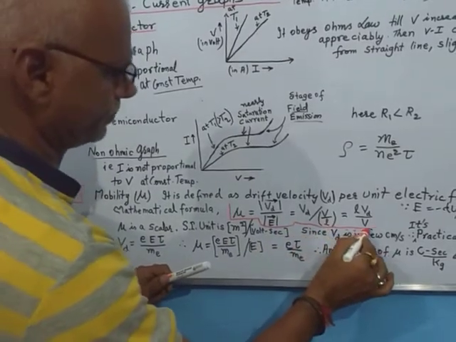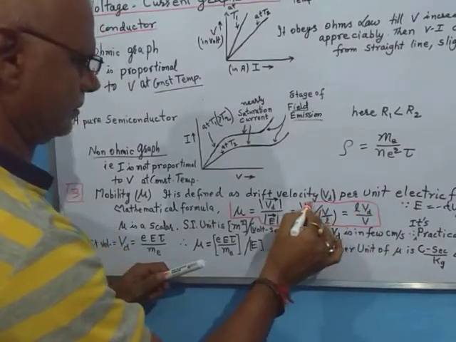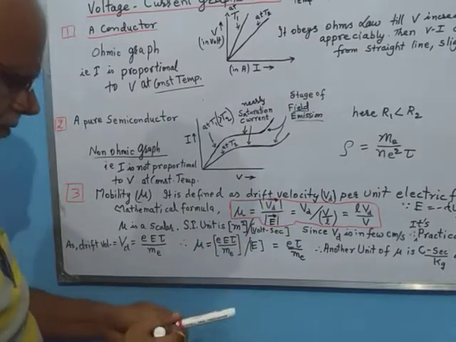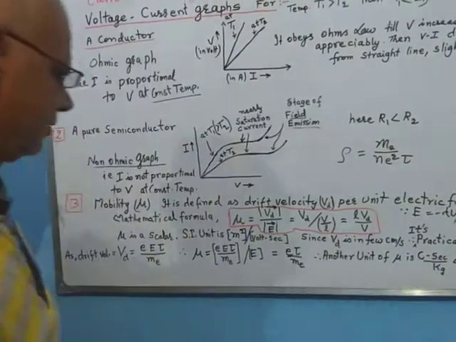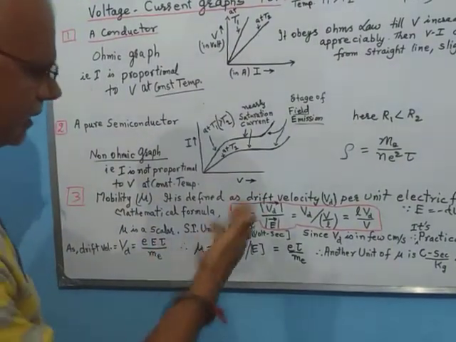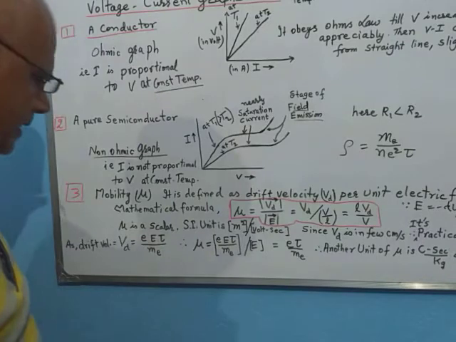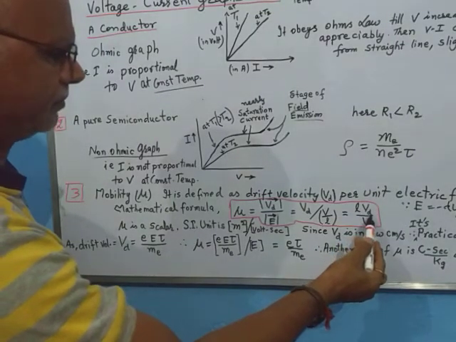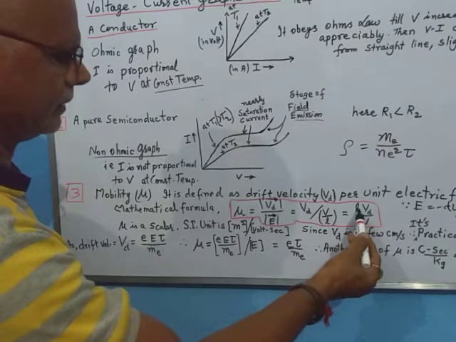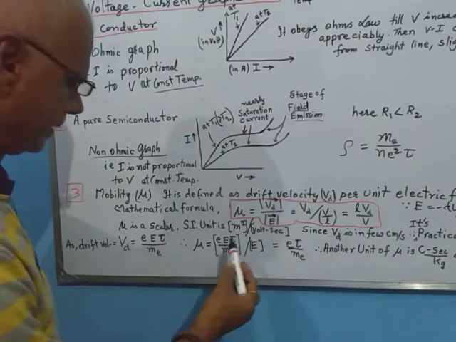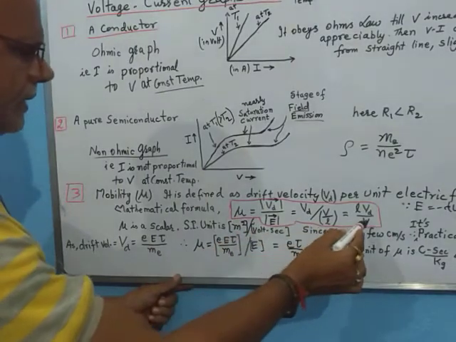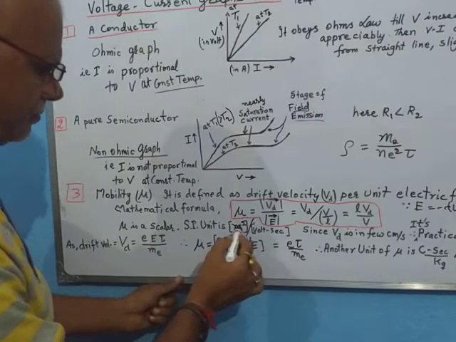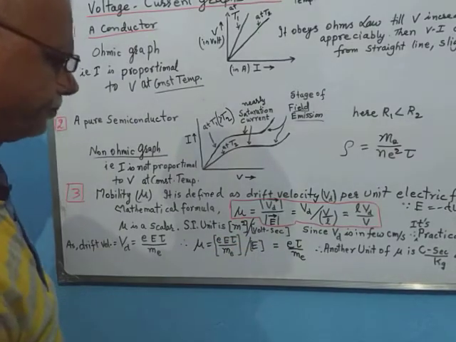Now students, from this we can derive the SI unit of the mobility of the charge carrier. It is a scalar because we have defined it like this, and the SI unit will be, you see, in drift velocity we have meter per second, and length is in meter, so we have meter square, divided by voltage, and this second goes down, so meter square per volt second.